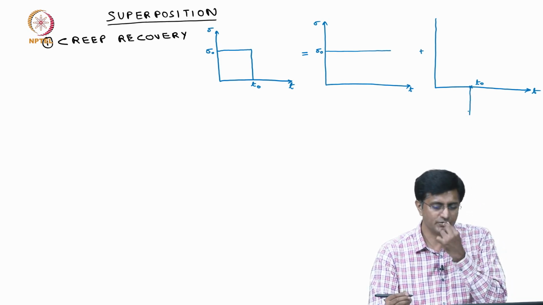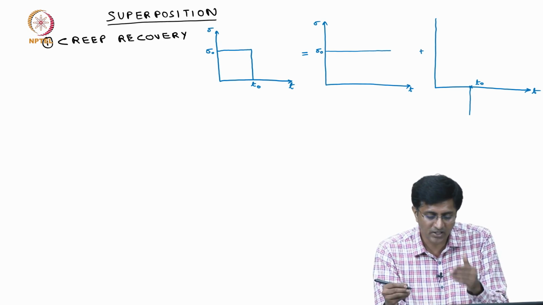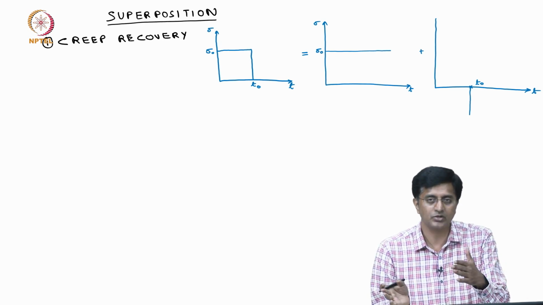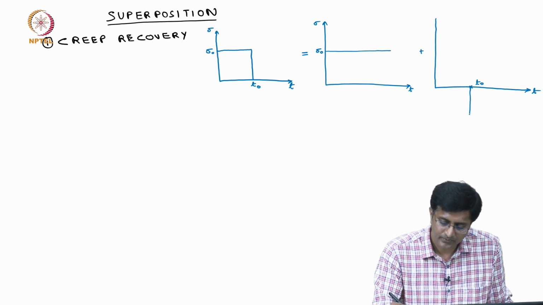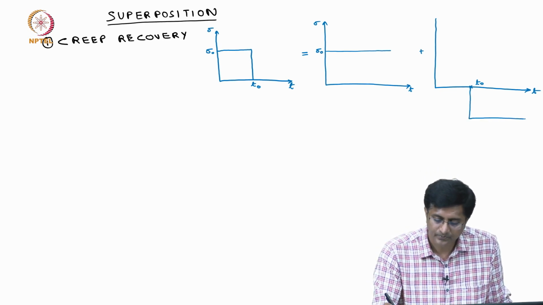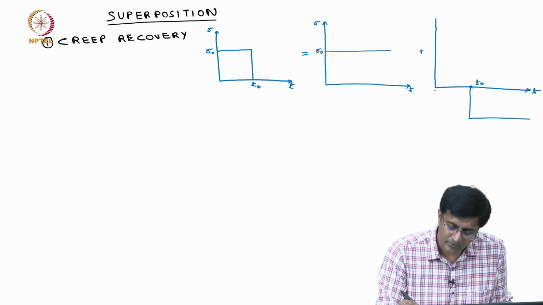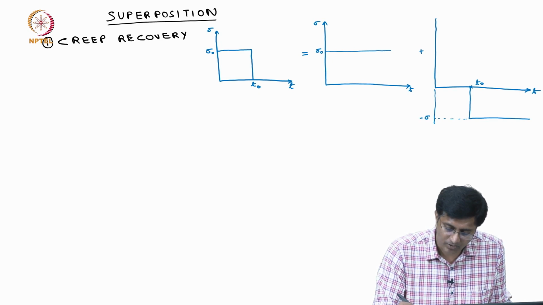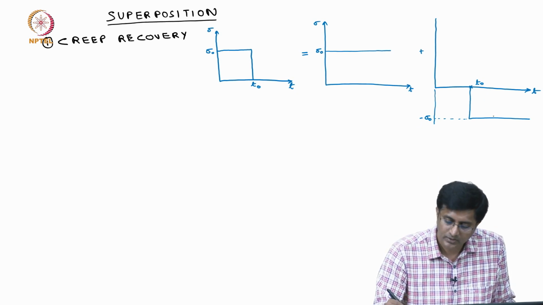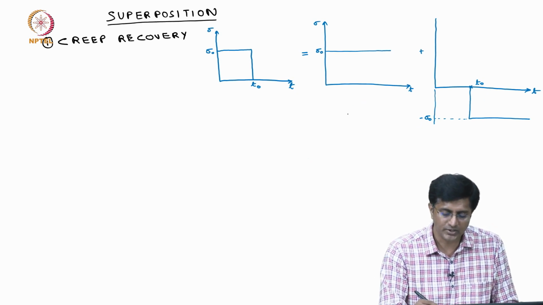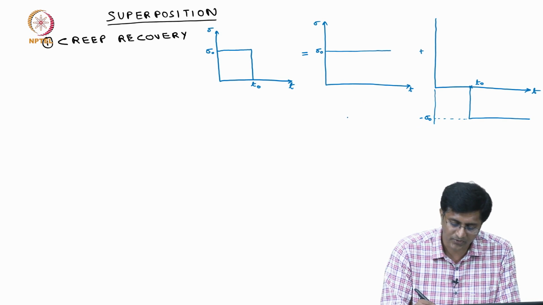What should be the amplitude? The amplitude should be the same as the first one, so that when we add them together they nullify. So, what I was saying is this value should be minus sigma naught. So, how do we write the expression for the first step function?